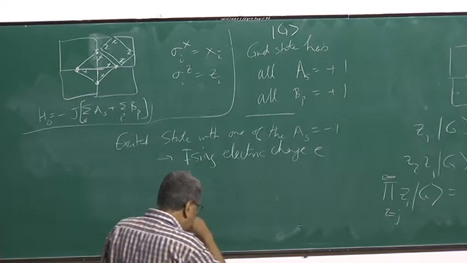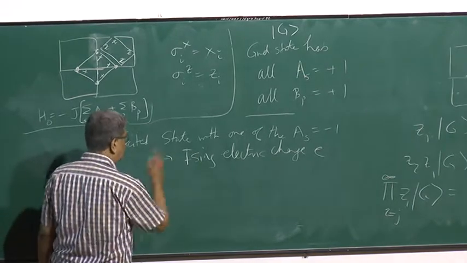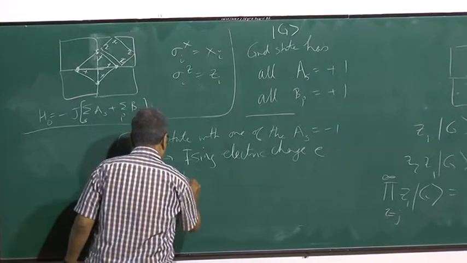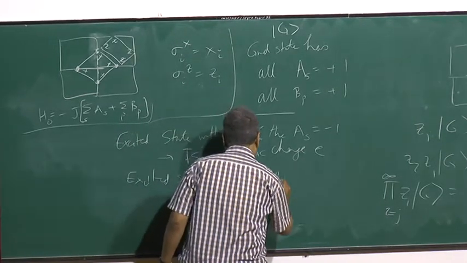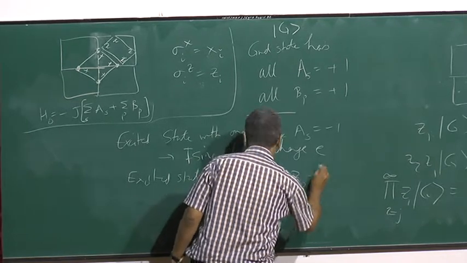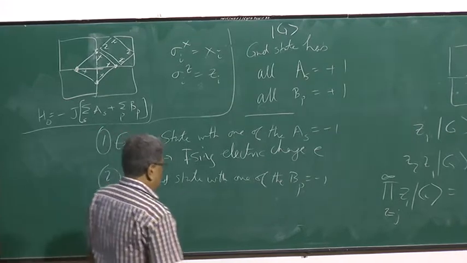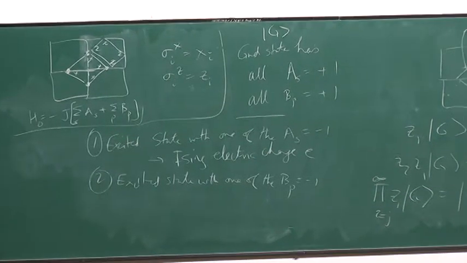Okay. The next thing is how do you create an excited state with one of the B's equal to -1? Let's draw this picture all over again.